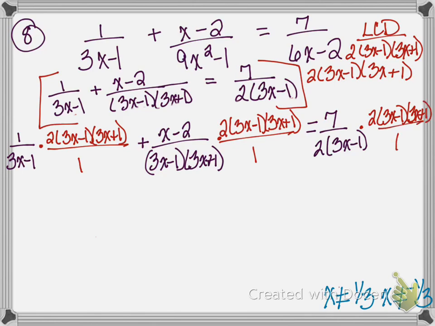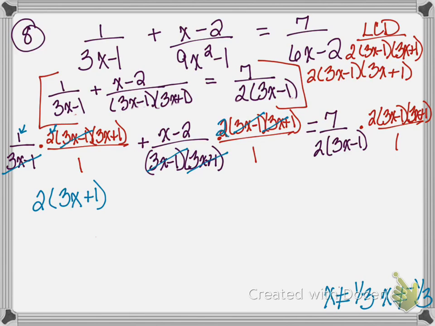So now I can start clearing everything out. So I have 3x minus 1 and 3x minus 1. So I've got a 1 here and a 2 here. So if I multiply those two together, I've got 2, and then I'm distributing that 2 to 3x plus 1. So that's what I have left there. Okay, for my second one, 3x minus 1 and 3x plus 1 cancel out.